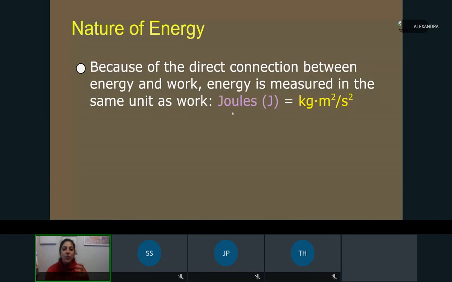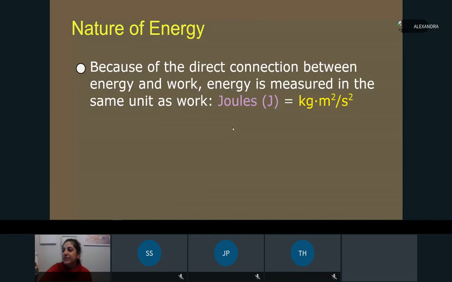So when you are doing work, force times distance, I was getting confused with a different equation. Force times distance is going to be the same unit of measurement. Anyway, we've got joules. That's going to be the unit that we're using. We're going to use joules for both work and for energy.